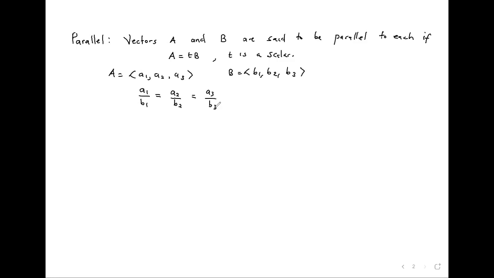So we have 2 ways of knowing if they are parallel. You can look for a number T, multiply by B, you get A, then they are parallel. Or if T is an issue, you get the component vectors and divide, you must get the same number. Ratio test. Perpendicular.